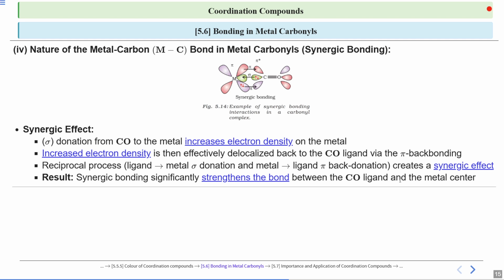This is why we talk about synergic bonding. The synergic effect strengthens the bond between the carbonyl and the metal, because both types of character are present: pi character is coming and sigma character is also coming. That's why the bond becomes strong.